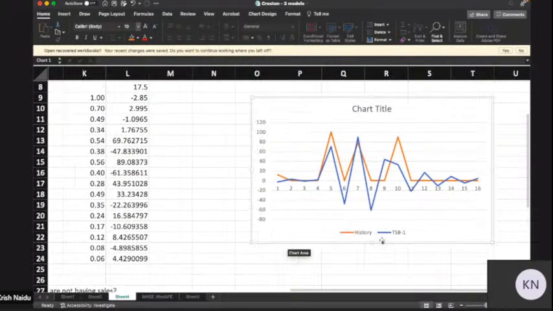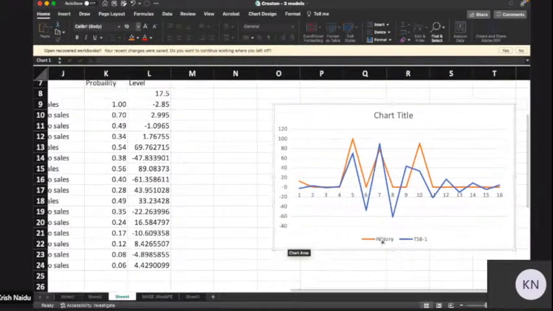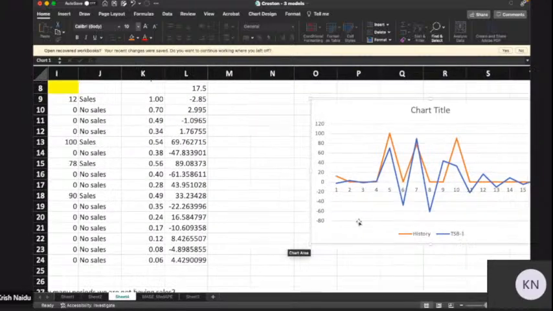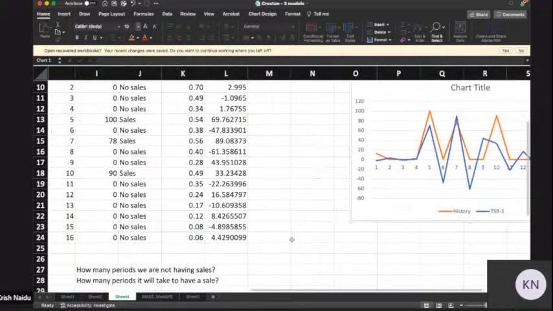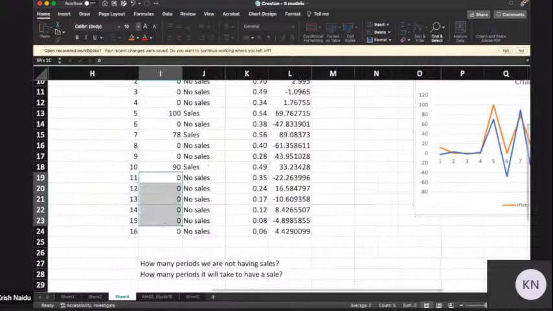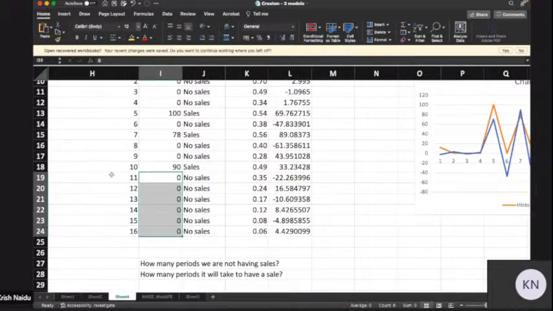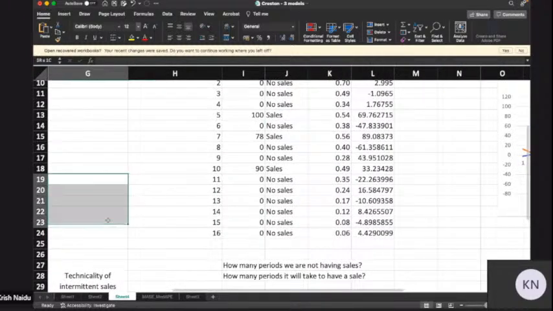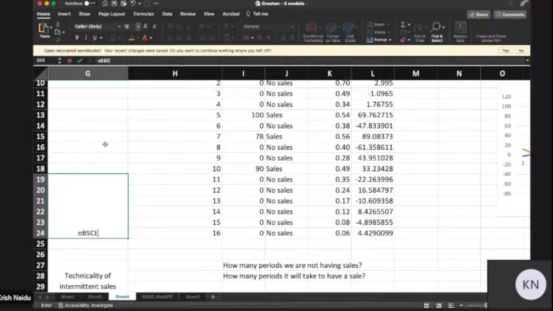Whenever we do the modeling for intermittent products, the most important thing is the obsolescence. Look here, this is getting obsolete. This period is called the obsolescence period, which means we are completely having no demand.